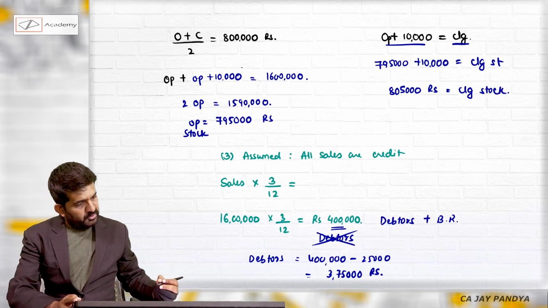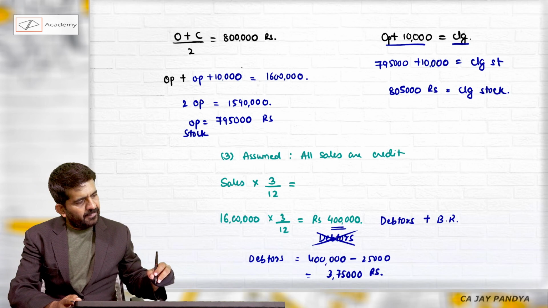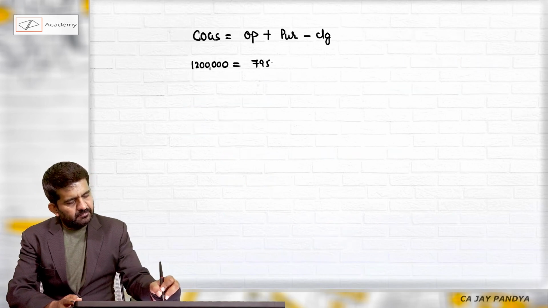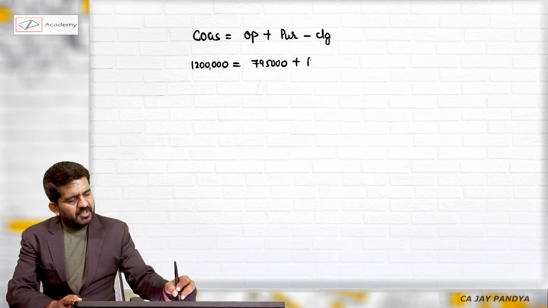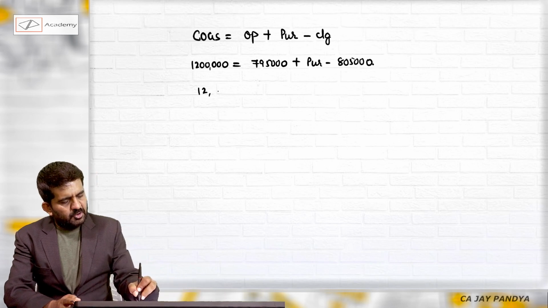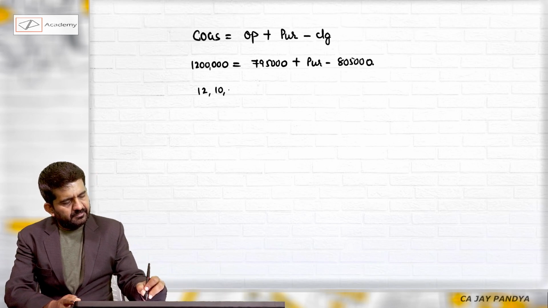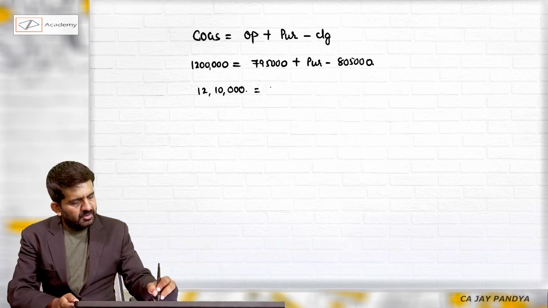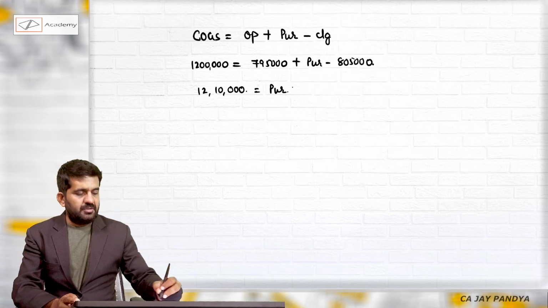Opening stock is also available, 7,95,000, plus purchase minus closing, 8,05,000. So this will be 12,10,000 is equal to purchase.